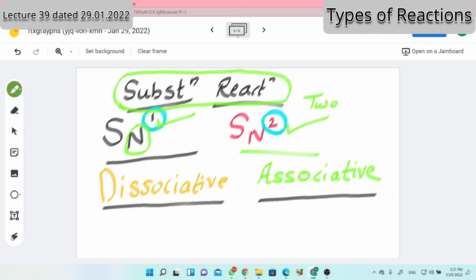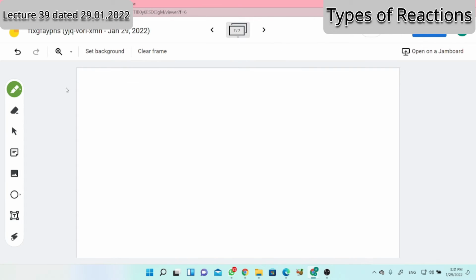SN1 means the rate of the reaction depends on only one species. SN2 means the rate of the reaction depends on two species. The SN1 mechanism is called the dissociative mechanism. The SN2 mechanism is called the associative mechanism. Is it clear? Yes, sir. Now what is dissociative and what is associative? That we will discuss one by one.